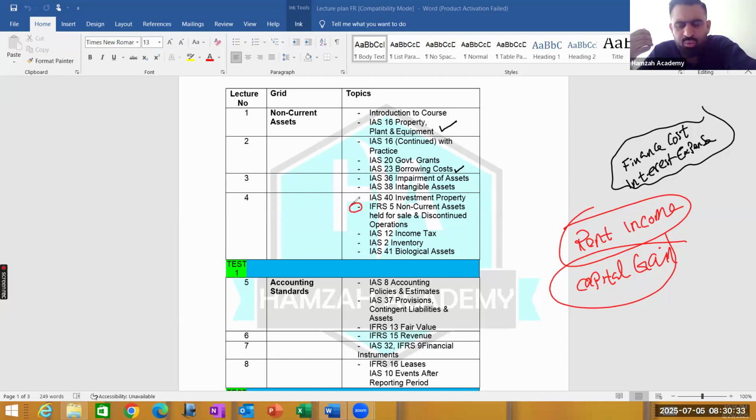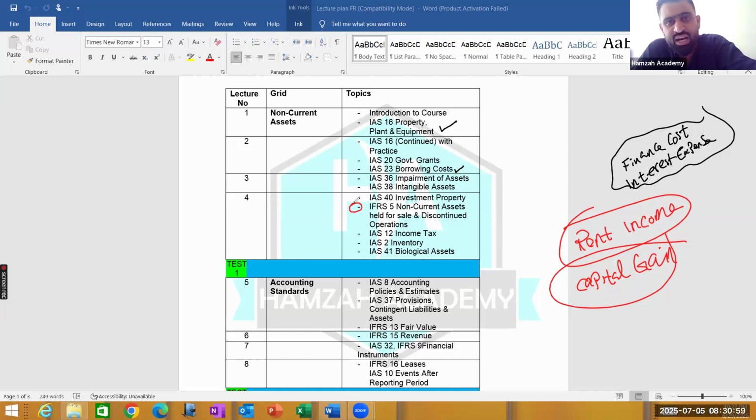And we were using that property for the last 10 years. But after 10 years, when the technology changes, or when the machine becomes older and is not for any further use for us, the company may decide that now we are going to sell that machine.